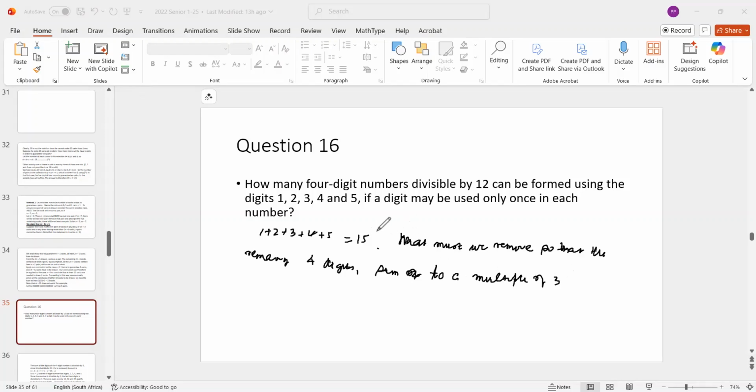Now, obviously, you have to take 3 out. If you take any one of the others out, you don't get a multiple of 3. So you have to remove 3. That's the only one you have to remove.